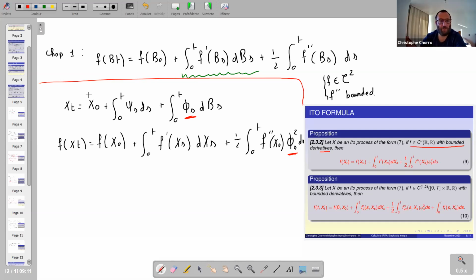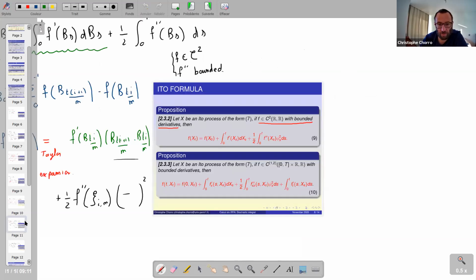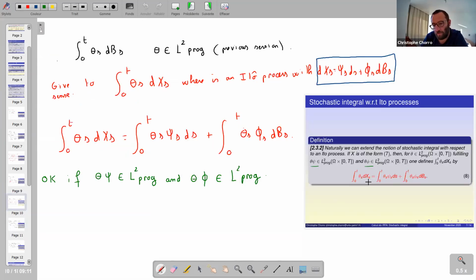And keep in mind that this one is what I defined on the previous slides. I gave sense to the integral with respect to dXs, exactly as used here.